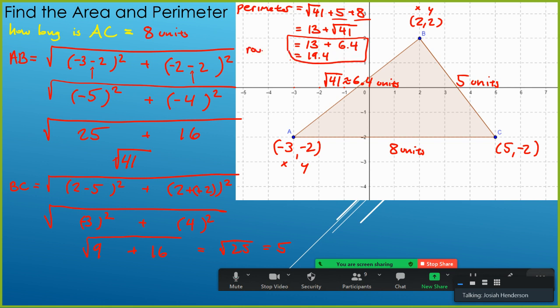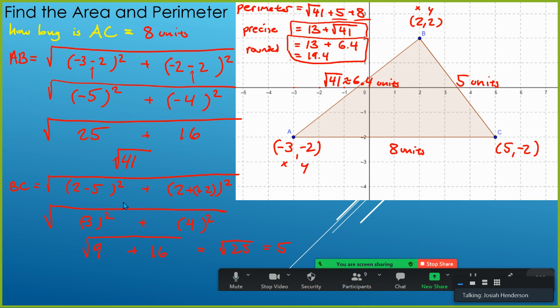So this is when it's rounded, and then above that we've got it precise. But we can't combine root 41 with 13. We can't add those, so we leave it as just a sum, 13 plus the root.